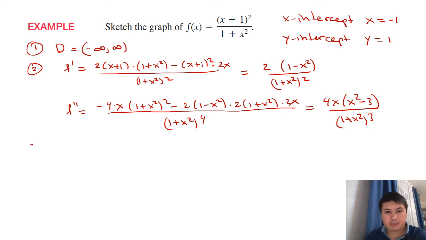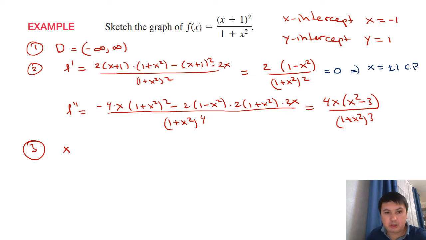What next? Next comes investigating local extrema, right? Well, let's find the critical points. We set the first derivative equal to 0, and this implies that x is plus or minus 1. So these are my critical points, right? Great.